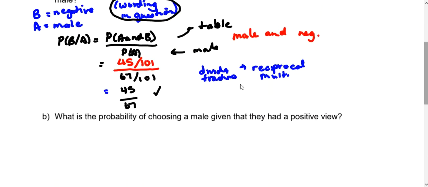All right. Second question: choosing a male given, so there's that word "given." There's my slash, so it has to be B given A. B is male and A is a positive view. Take a little bit of time and write it out.